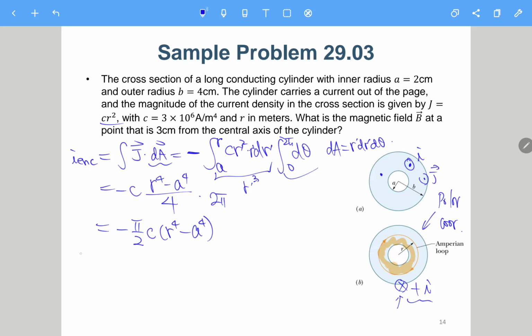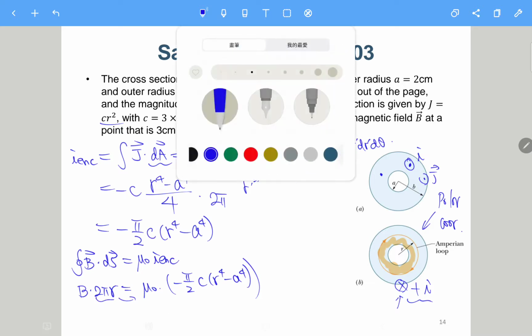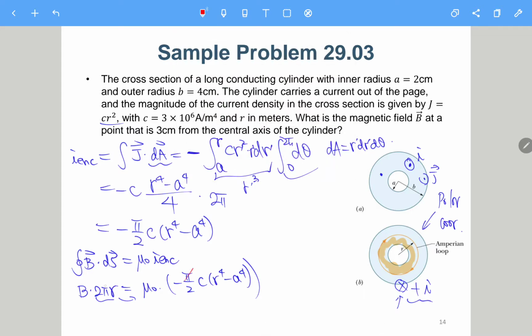So now we can use Ampere's law: the integration of B dot ds equals mu 0 I enclosed. Similarly, we have B times 2 pi r, and then mu 0 times negative pi over 2 C, times r to the 4th power minus a to the 4th power, like this. Finally, we can move this term over, and we can cancel pi and pi here.